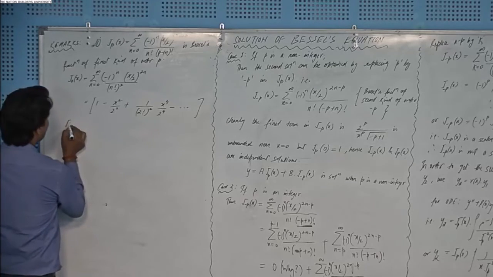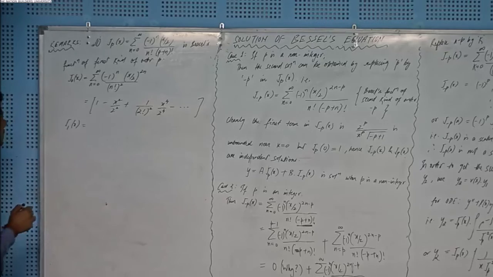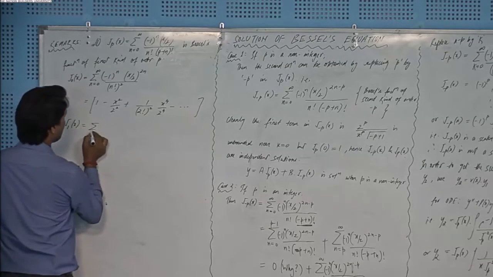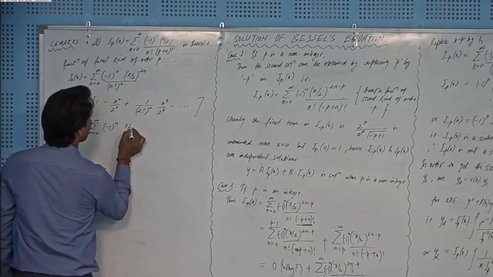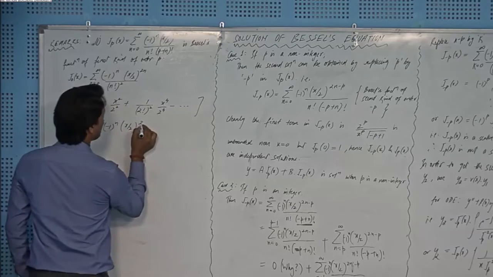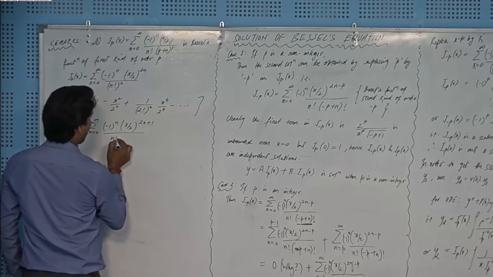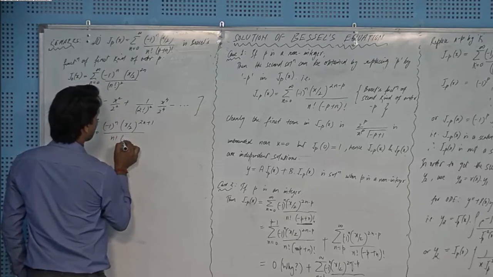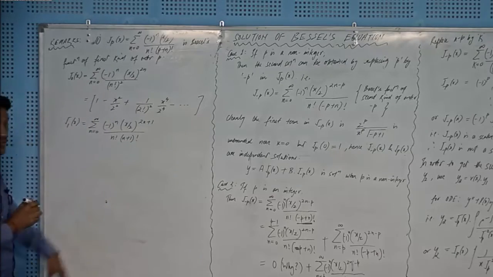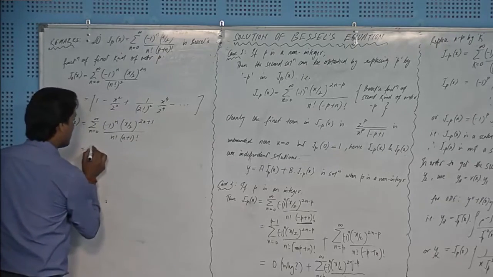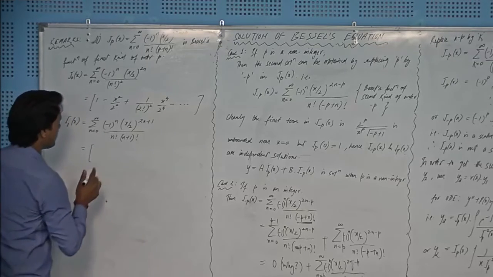And similarly, if you put J1, meaning p equal to 1, you will get summation n equal to 0 to infinity (-1)^n (x/2)^(2n+1) divided by n factorial and (n+1) factorial, right? And if you write this summation in expanded form, then putting n equal to 0 will give you x by 2.